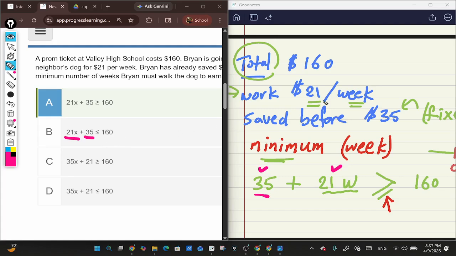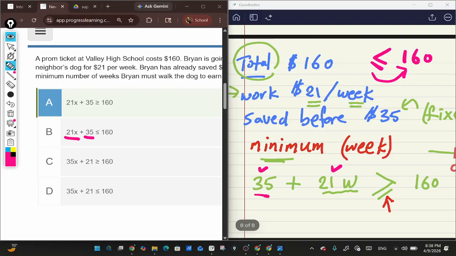The problem with less than or equal to 160 is that if he starts to work after the 35, he will work and work, reaching the equality, which is 160, and he will get the ticket.